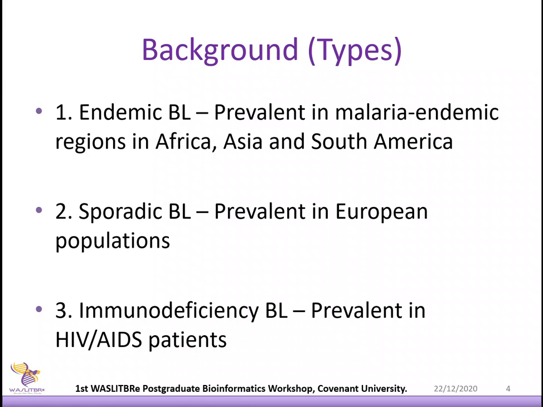There is also sporadic Burkitt's lymphoma, which is very common in Europe, and there is also the third one, immunodeficiency Burkitt's lymphoma, and this is very common in HIV patients. The focus of this talk will be on the first one, endemic Burkitt's lymphoma, which is highly prevalent in Africa.